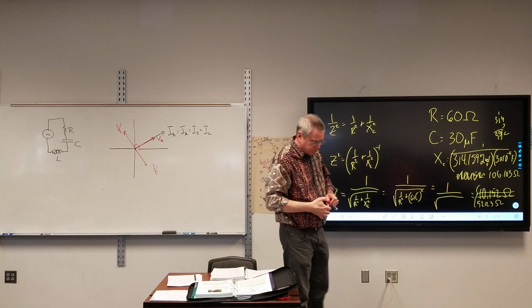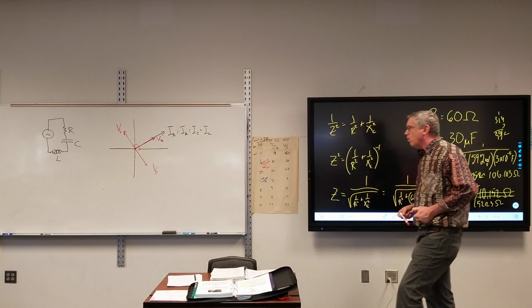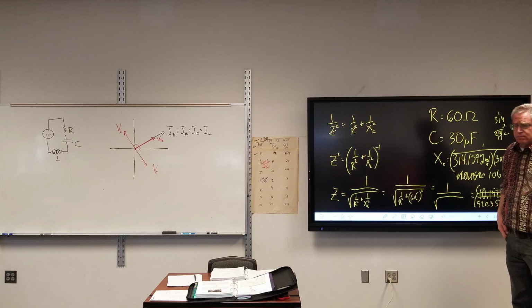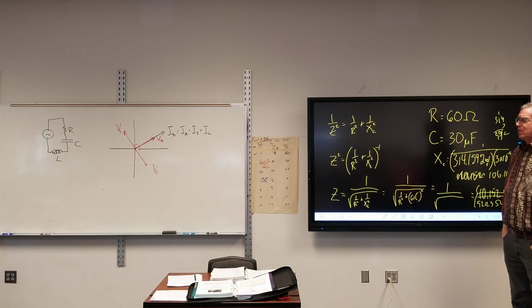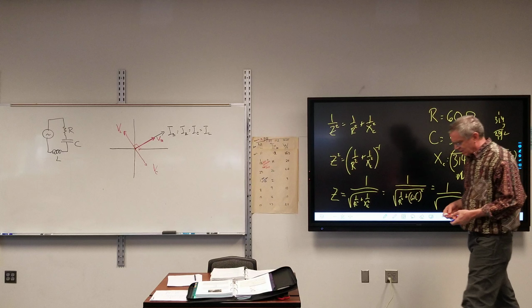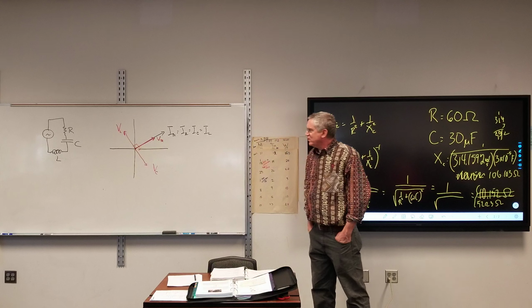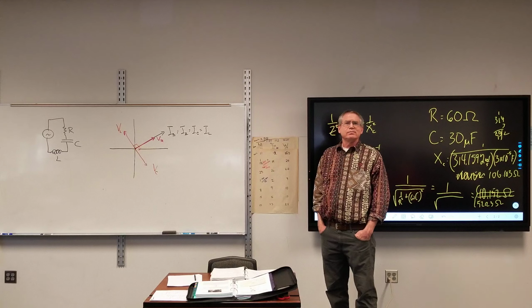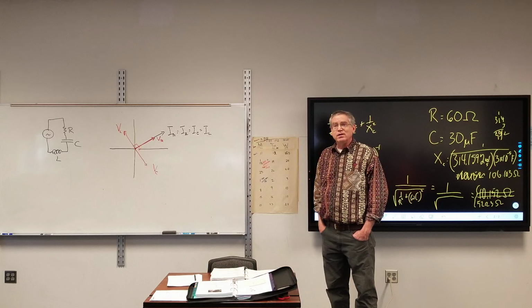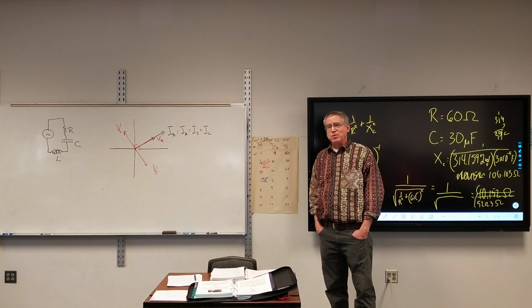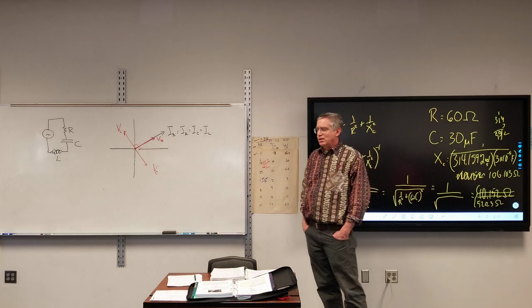Now, I know that for the power supply, it's the sum of these three phasors. But I have two of them that are diametrically opposed to each other, anti-parallel in a sense. So how do I resolve that? How do I add these three? Is it just equal to VR? No. Even though I might have drawn VL and VC to be the same length, let's not assume that.